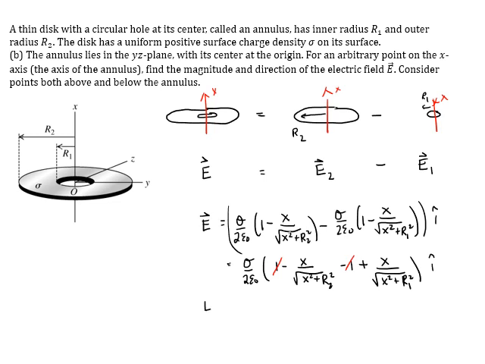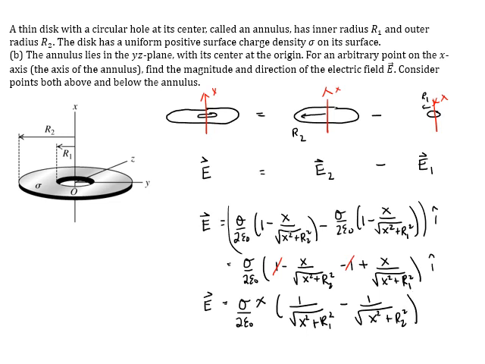And then we're left with our electric field. We can take our x outside or leave it in. I think I'll take it outside. Sigma times x over 2 epsilon naught times 1 over the square root of x squared plus R1 squared, subtract 1 over the square root of x squared plus R2 squared.